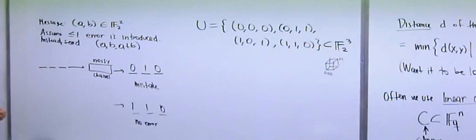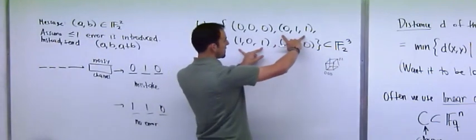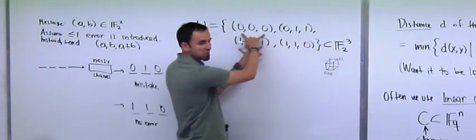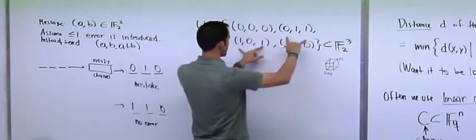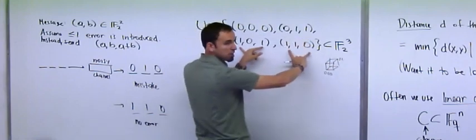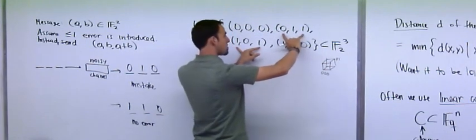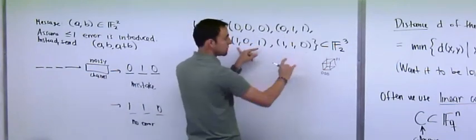So for example, what are generators? Any 2 of the non-zero ones, right? You better not choose the zero one as a generator. But for example, this one and this one generate this one. Why is that? Because if you add up 0, 1, 1 and 1, 0, 1, you get 1, 1, 0.